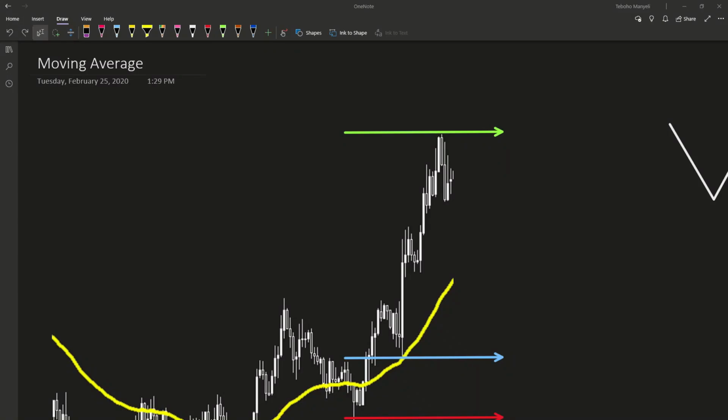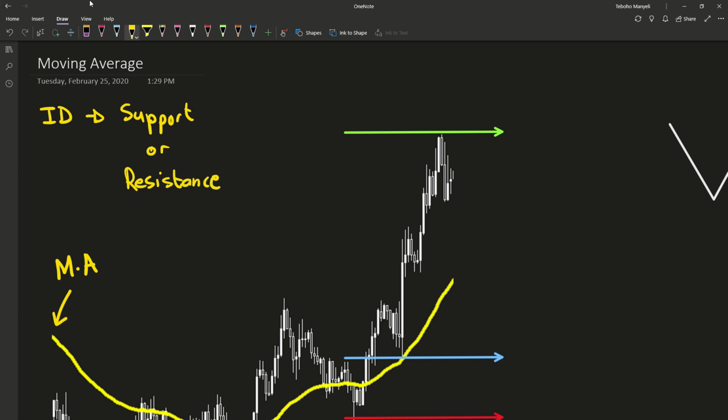Moving average. In this topic, we're going to be discussing a very special indicator. This yellow line here is known as your moving average, or for short the MA. Its job is to literally identify support or resistance.